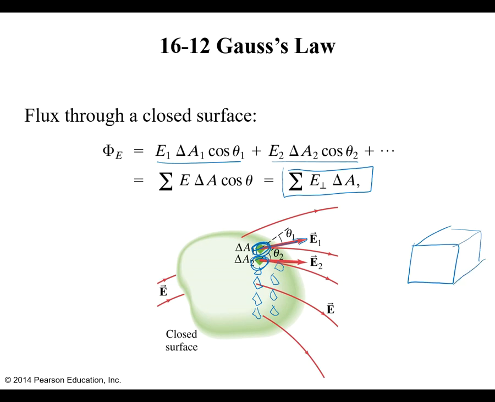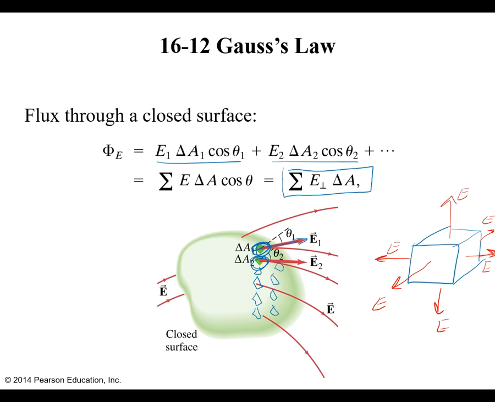A cube. You get an electric field that passes outside of each area. And it looks something like this. Every surface, there is an electric field of equal magnitude coming out.